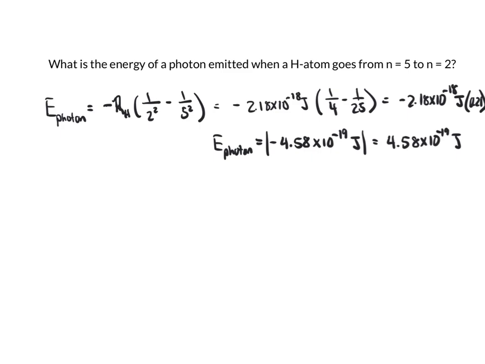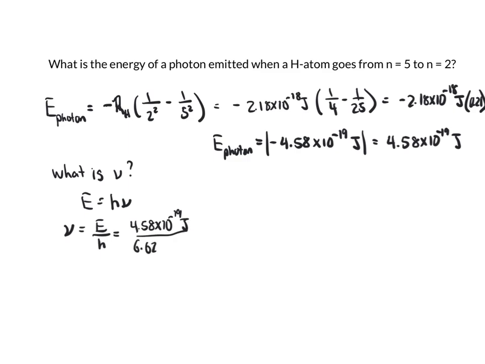If I wanted to know the frequency, so what would be the frequency of that photon? Remember that the energy is equal to Planck's constant times the frequency. And so if I want the frequency, I just have to divide both sides by Planck's constant. And so I take this energy, 4.58 times 10 to the minus 19 joules, and divide by 6.626 times 10 to the minus 34 joule seconds.